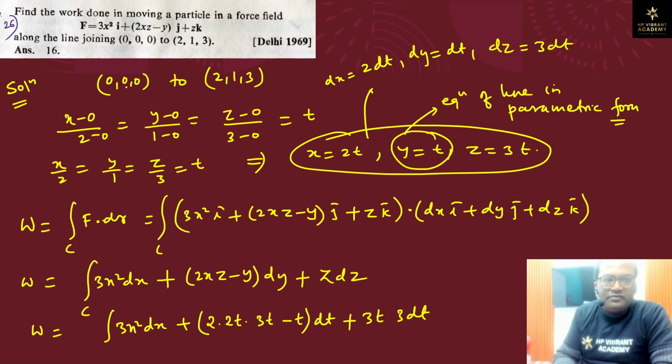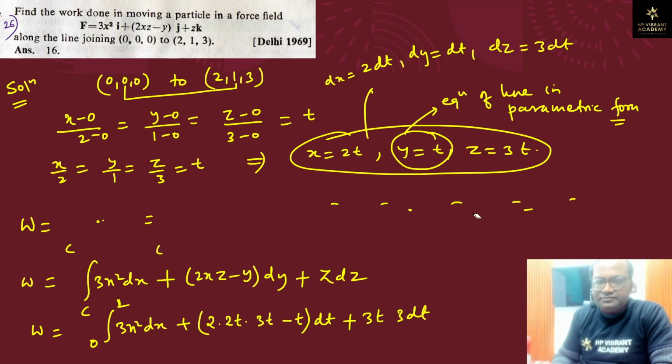So we have y varying from 0 to 1, and we have taken y as t, so t varies from 0 to 1. As simple as that. So let us further simplify this.